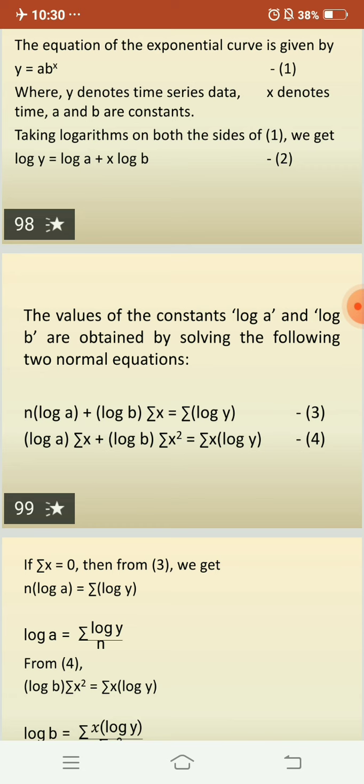Here n is nothing but the given number of years, whether 7 years, 6 years or 10 years.